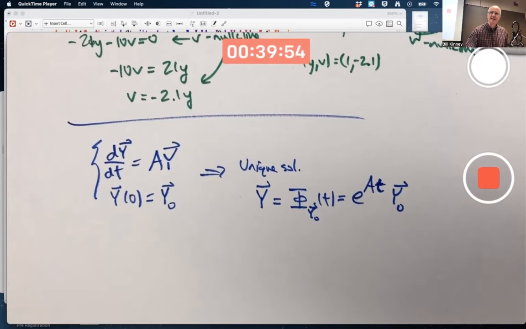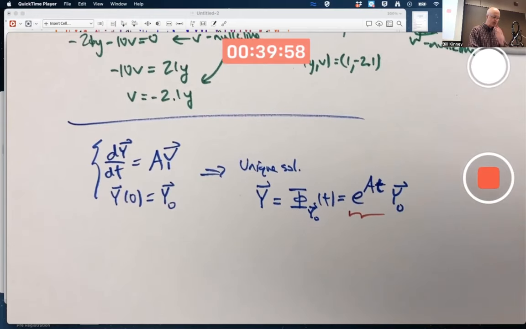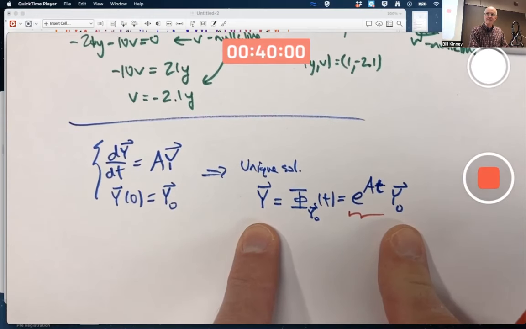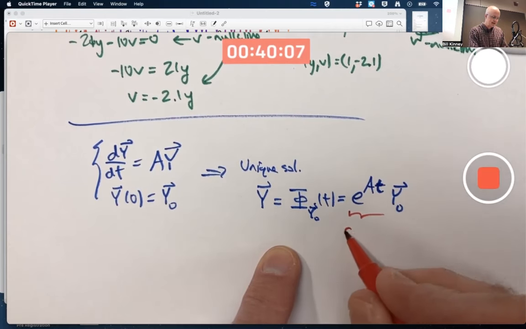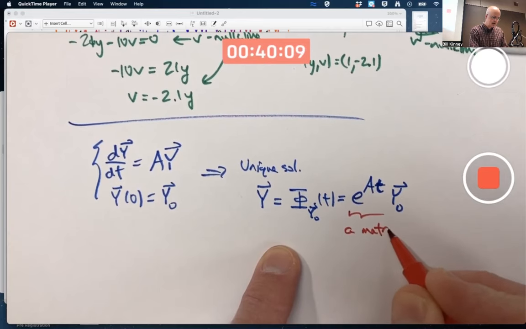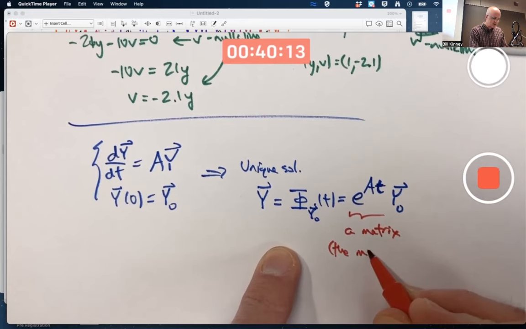It works still in the matrix vector situation, except you need to realize that, first of all, the y's are vectors. And this e to the at is now a matrix. It's called the matrix exponential.